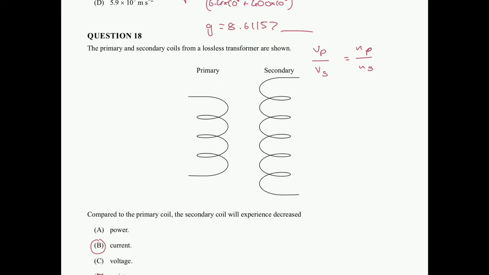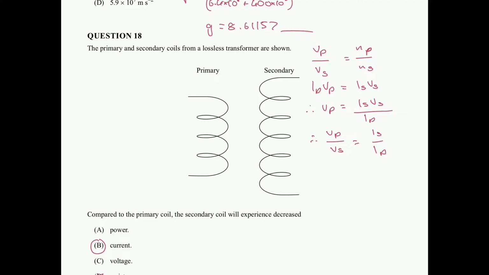The other equation we're given is Ip Vp is equal to Is Vs. So right now it's not too useful for us, but it's going to help us with our current. So I'm going to rearrange this equation as Vp over Vs is equal to Is over Ip for our primary.